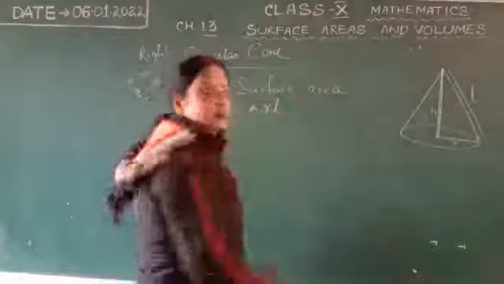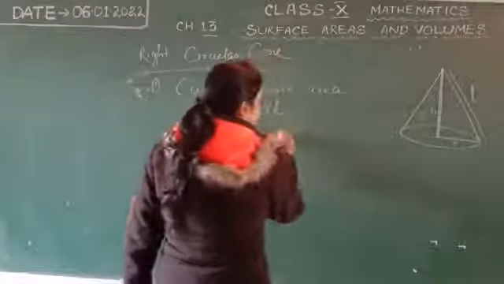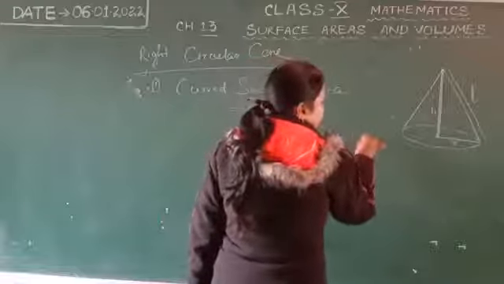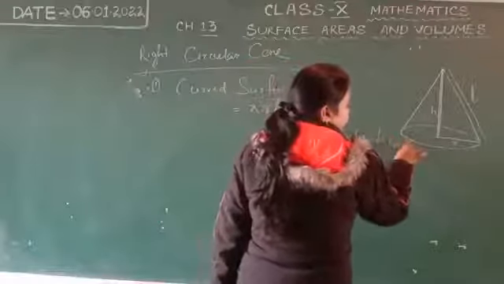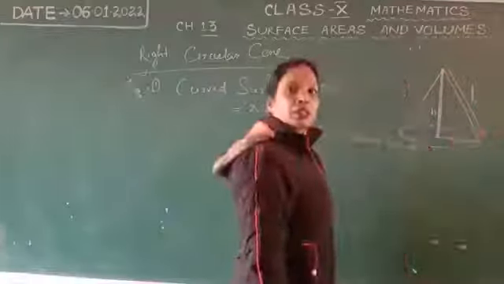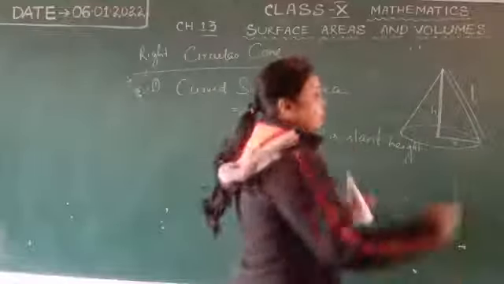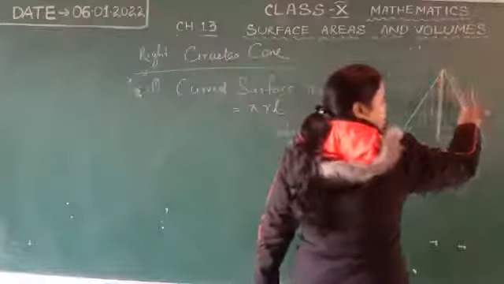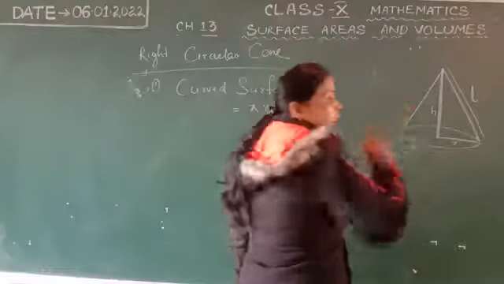Then what is L? L is the slant height. This is also a height of the cone, but it is slanted. This line is called the slant height and this is called the height of the cone.